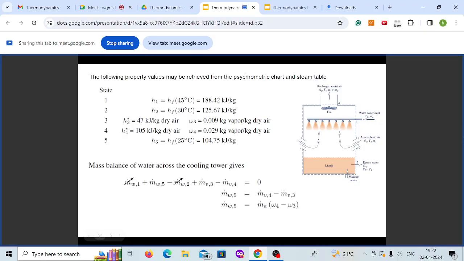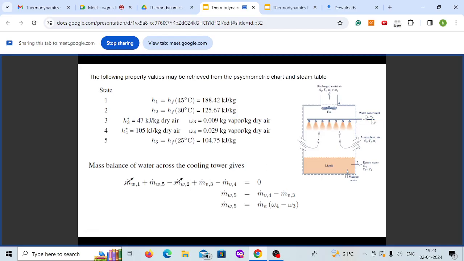So when you do a mass balance across this cooling tower, mass of water 1 plus makeup water minus mass of water 2, plus the mass of water vapor at state 3, equals mass of water vapor at state 4.